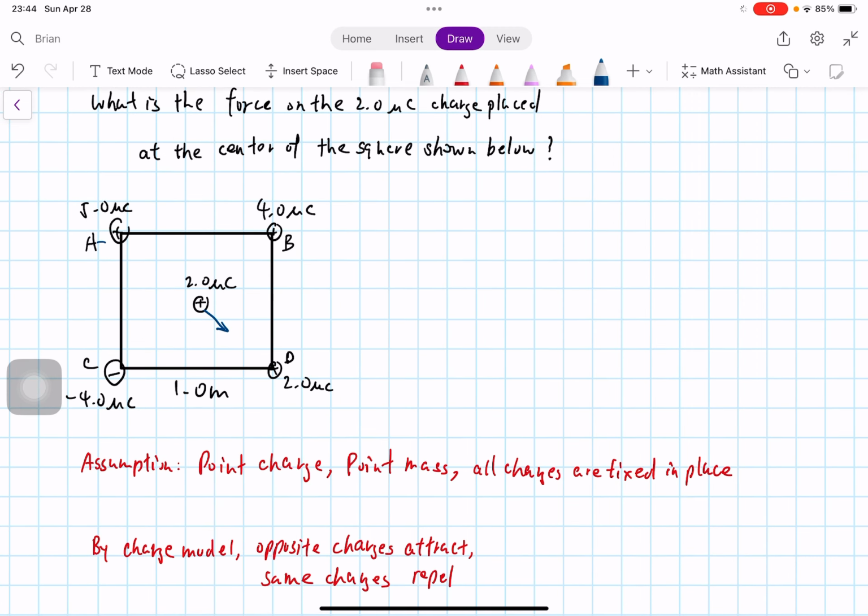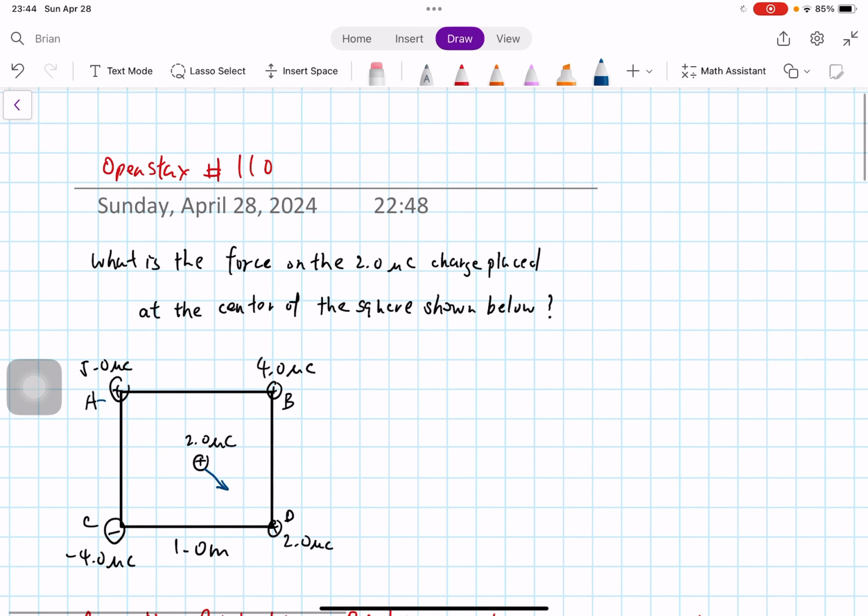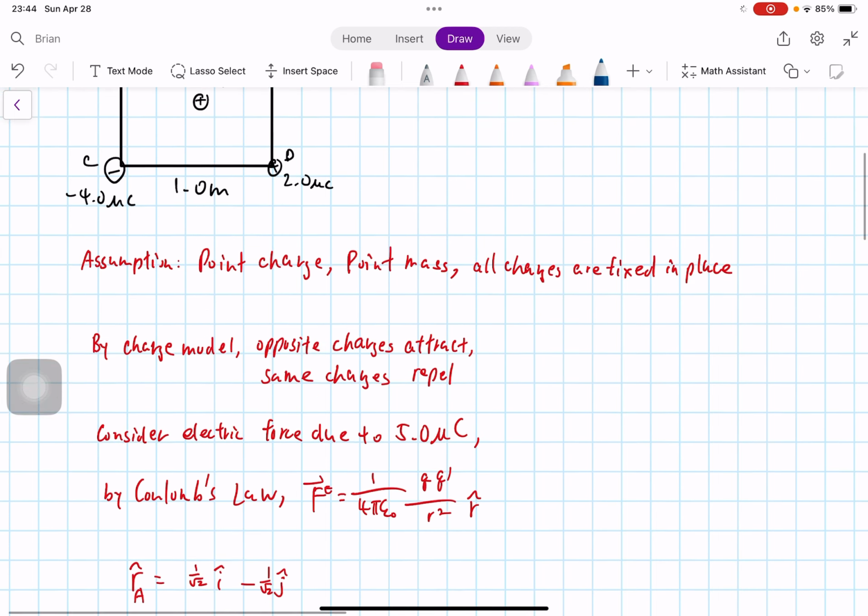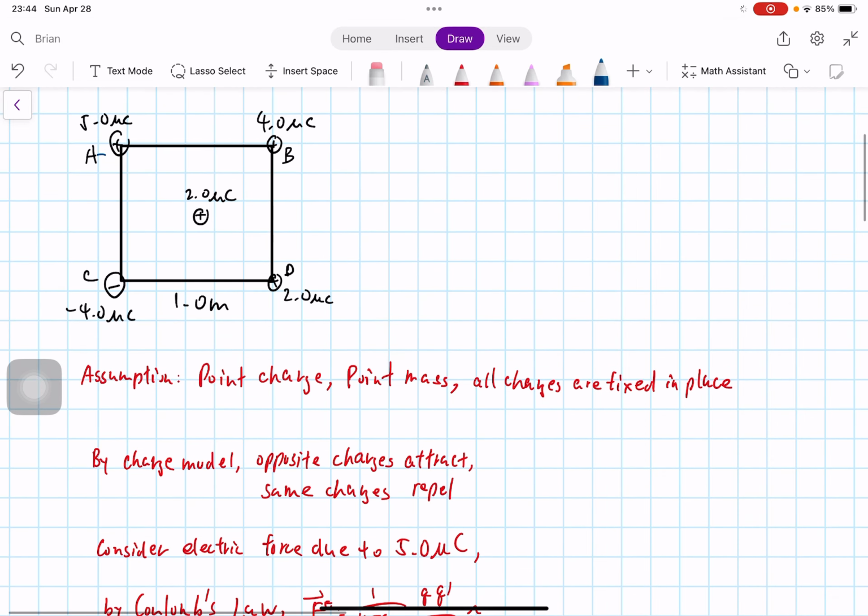Because the horizontal component and the vertical component are the same by symmetry, as we can see in this diagram, because it is a square, we know right away that if we're talking about this vector, we have to find a normal vector.